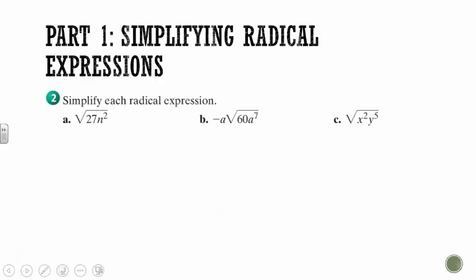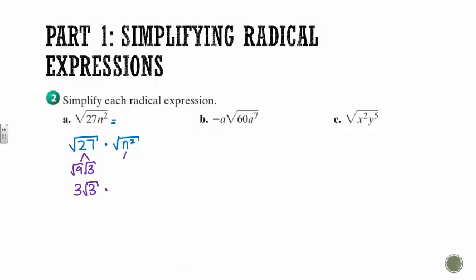So let's try some things with letters. Letters work very, very similar. So what we're going to do first is split this up into the square root of 27 times the square root of n squared. So 27, find a perfect square that fits into it. 9 is the biggest one that fits into it, and it fits in 3 times. So when I take the square root of both of these, I'm going to get 3 root 3.